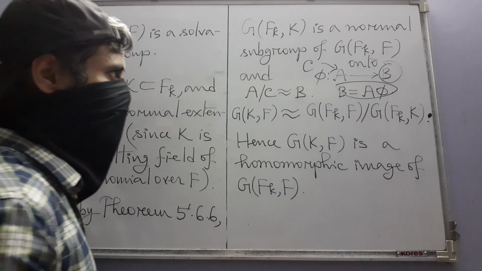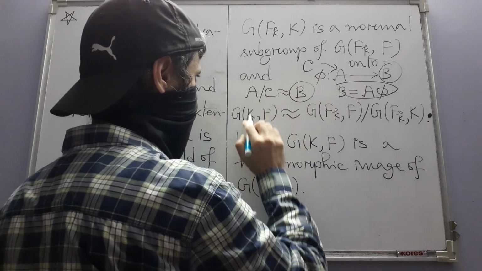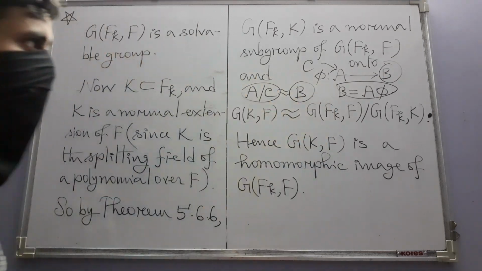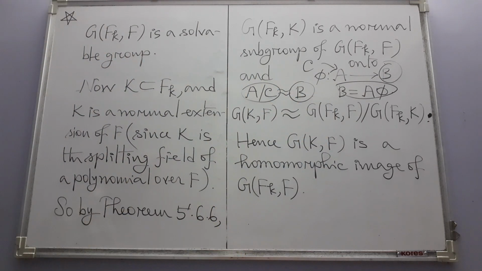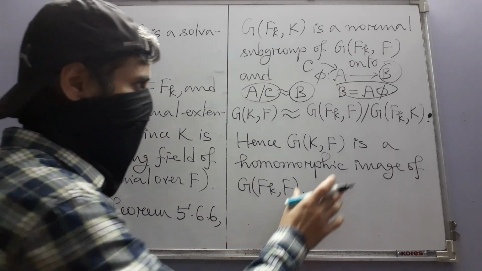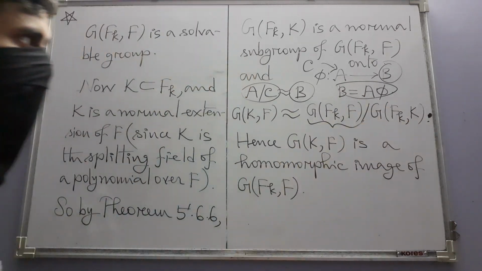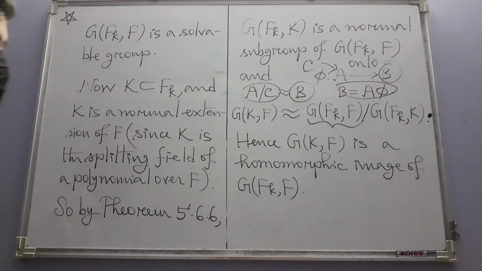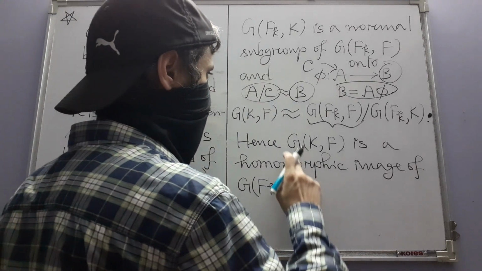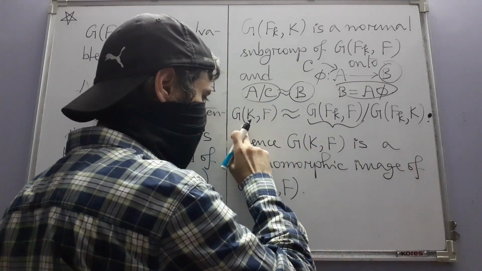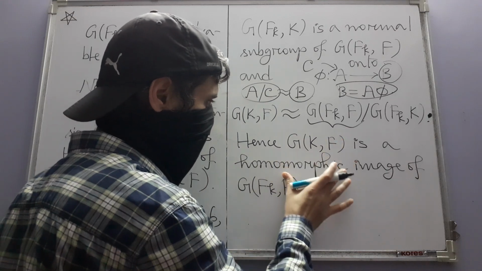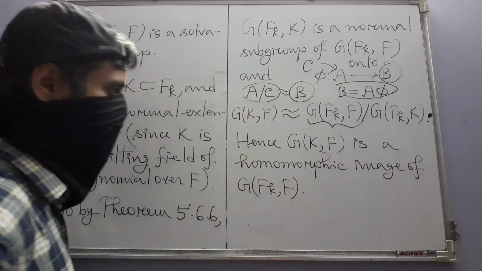And that is why every homomorphic image is of the form A slash C. So that is why this quotient group is a homomorphic image of this group. But this quotient group is isomorphic to this, so that is why this is a homomorphic image of this.